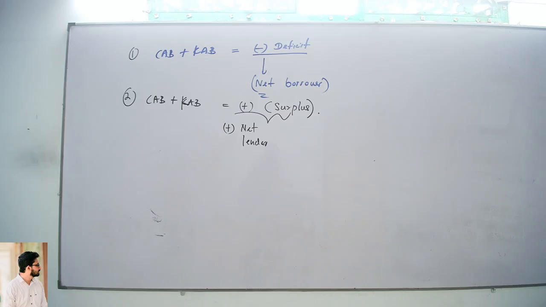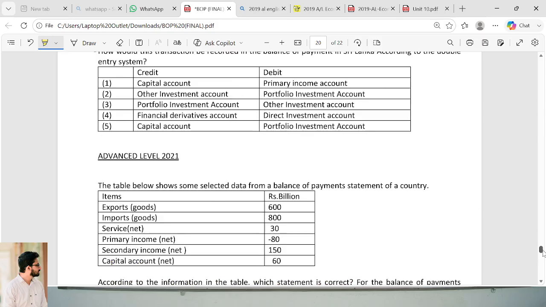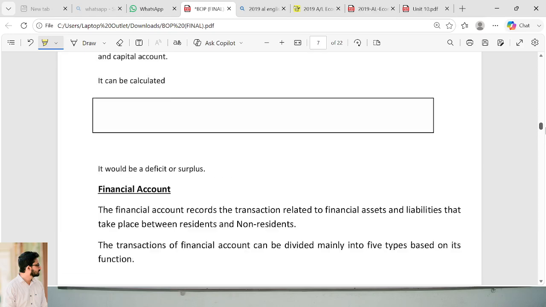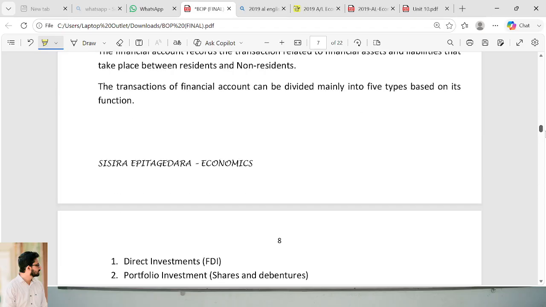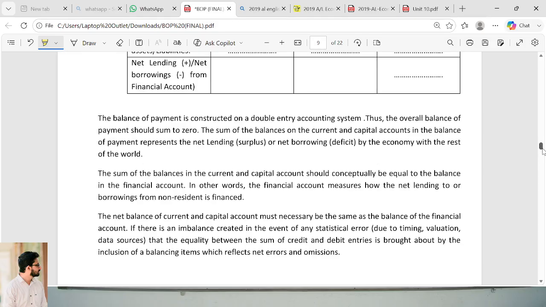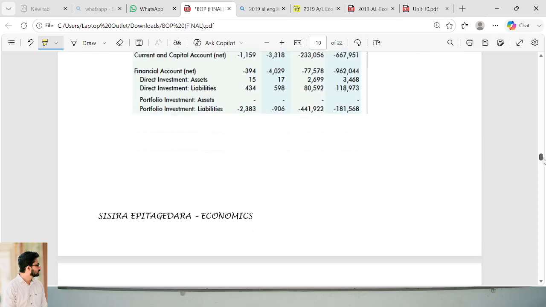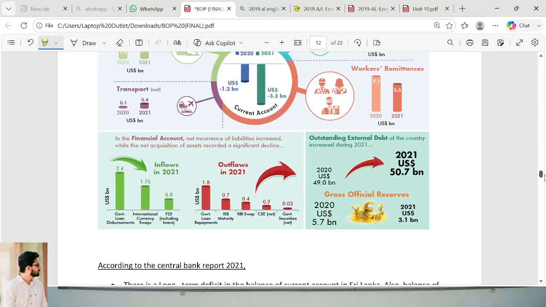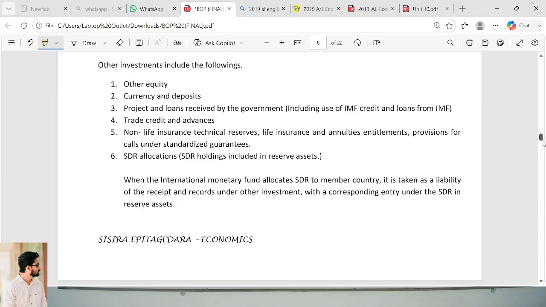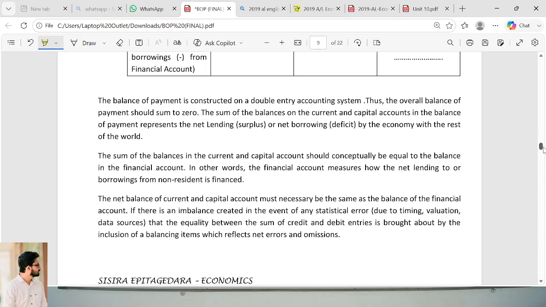Okay. This note has been given in the tute. You can read it out.